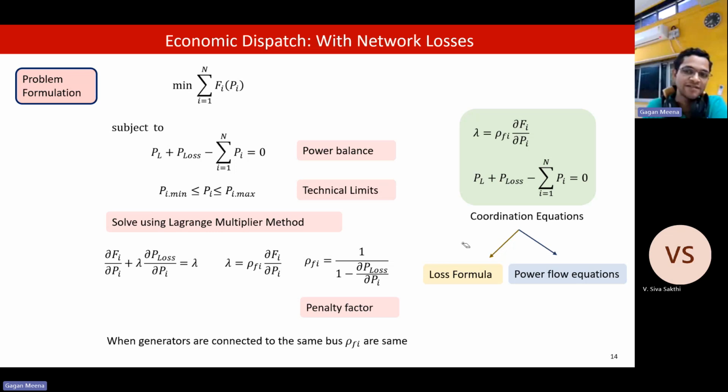There are two ways. Either we have a loss formula. These are empirical formulas. We can use them and both of them will require an iterative solution, or we include power flow equations which have the losses modeled within them. So this is also nonlinear. Both are. This will also require an iterative procedure.